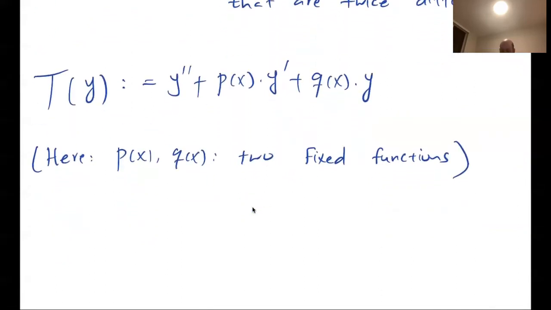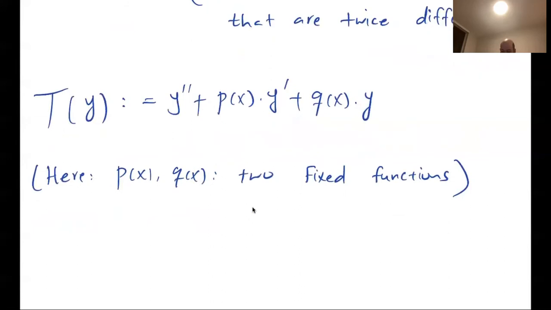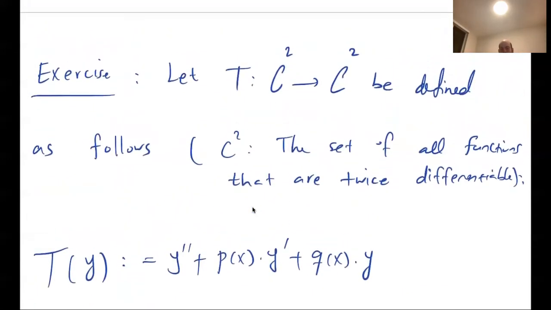And y is a function in C2, the set of all functions that are twice differentiable. And I want to define a linear transformation from C2 to C2. How do I define it?